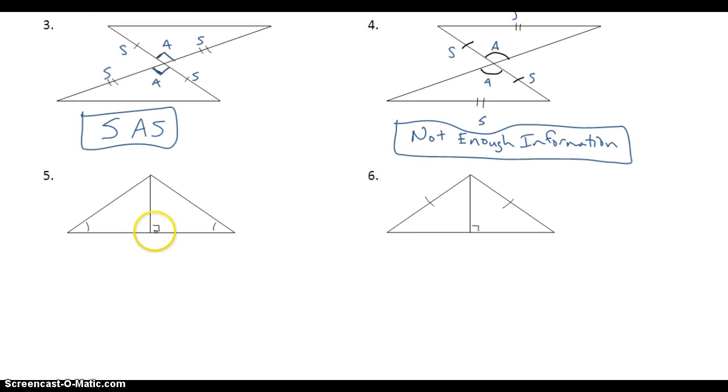Number 5. This segment is perpendicular to this segment, so we have a right angle, which means we have a second right angle. And we have a pair of congruent angles and a pair of shared sides. So in this example, we have angle, angle, side.